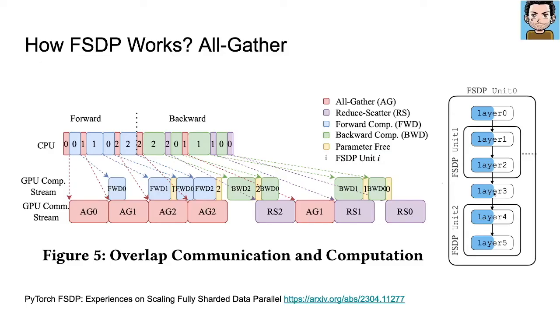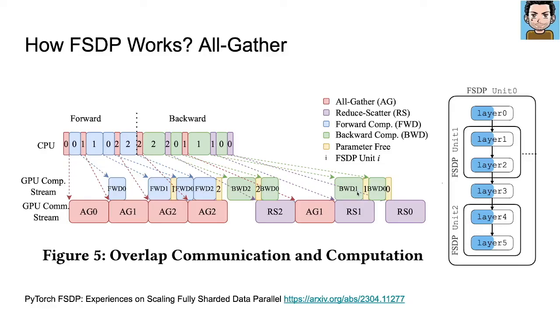After performing the backward pass on layer number 3, we want to perform the backward pass on FSDP unit number 1. So first we are going to gather unit number 1 from all nodes. Then we are going to do the backward pass on unit number 1.